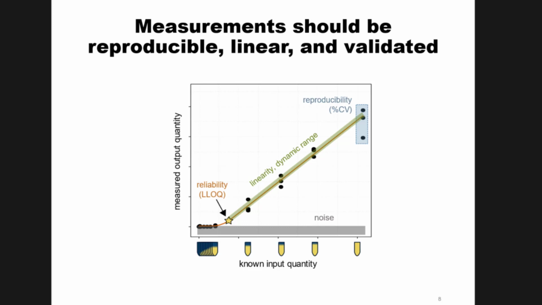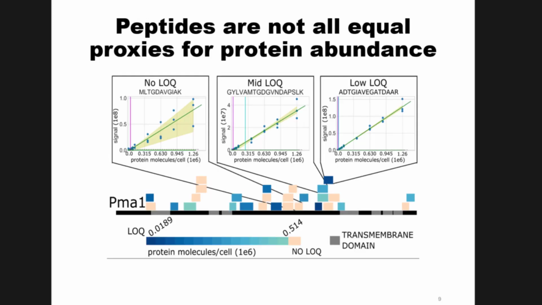If you took the same peptide and put it in an E. coli lysate versus a human HeLa lysate, you would get a different limit of quantitation because you've got a different matrix, a simpler matrix versus a more complex matrix. That's why it's so important that the matrix you make your calibration curve in matches as close as possible. Sue's going to talk tons about how to do this and what standards to use, but I just wanted to introduce these concepts because we're going to look at some of this data next.